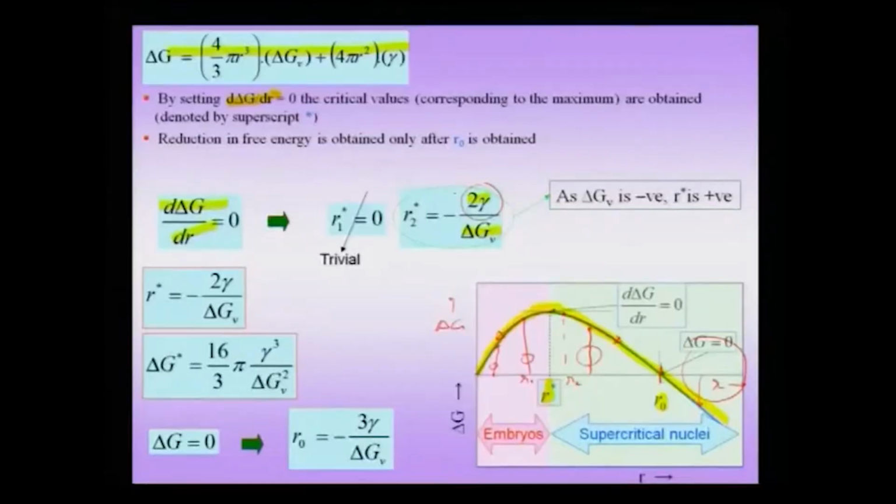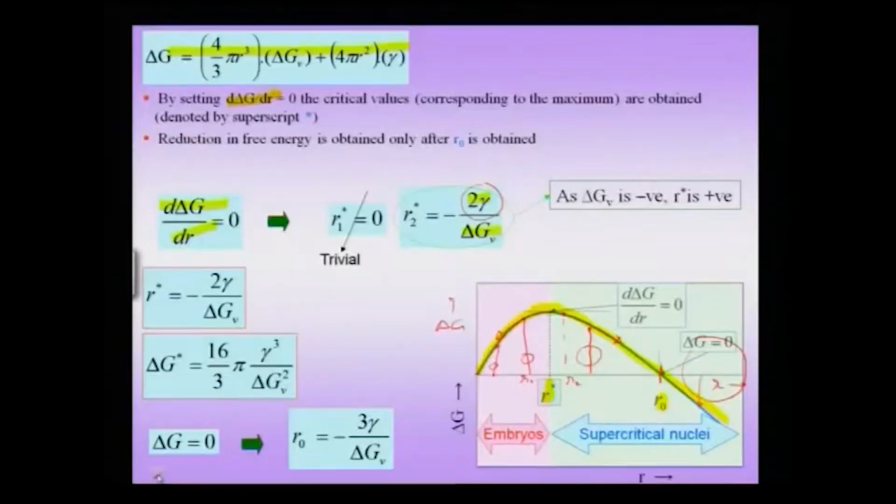This is occurring by what you may call a random statistical fluctuation. Now, if the region wherein you formed a crystal that looks like aluminum in terms of its atomic arrangement is below the value of r star, then such a crystal would shrink away, and if it is above r star, then such a crystal will grow and lead to solidification.